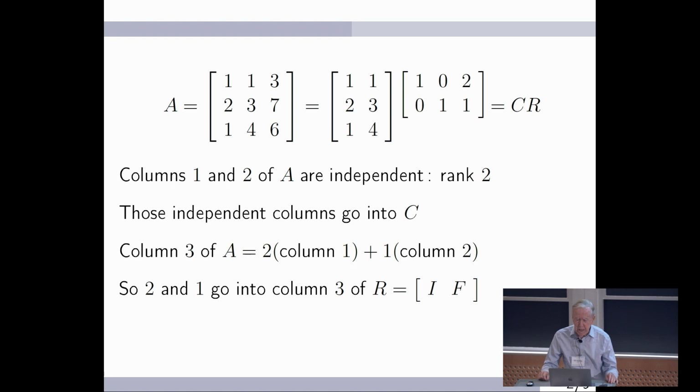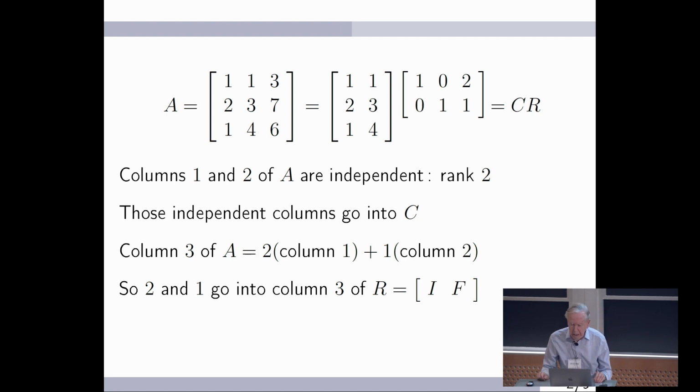So the matrix C has a full set of independent columns going left to right. In this matrix, everybody sees that the third column is a combination of the first two. So the first two are the independent columns that go into C. And then R, have a look at R. R is the key matrix here.